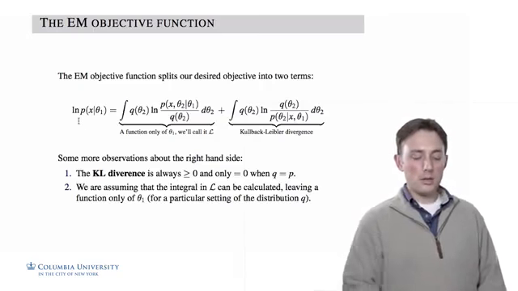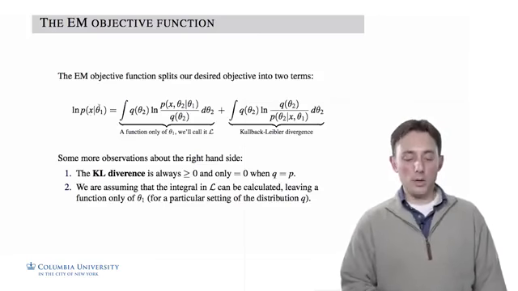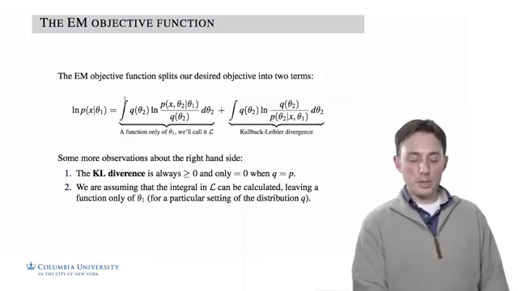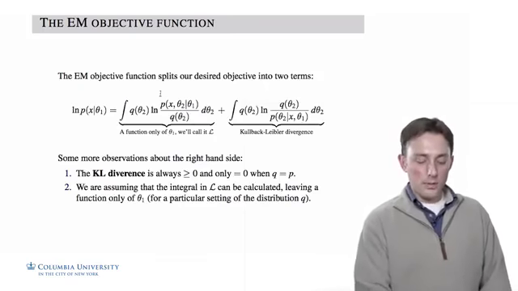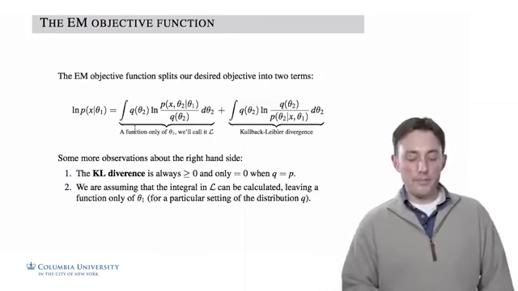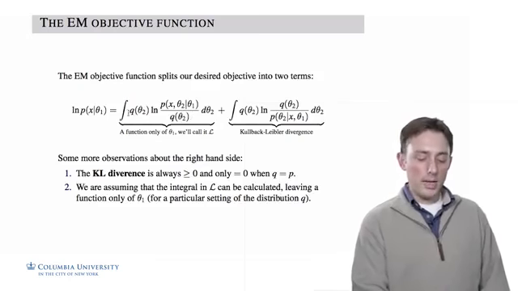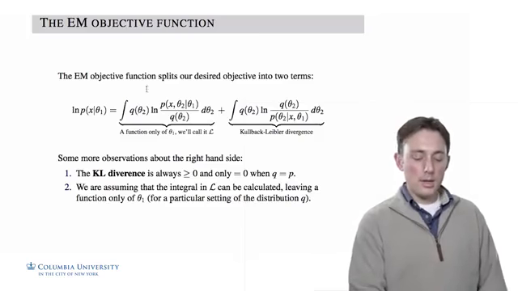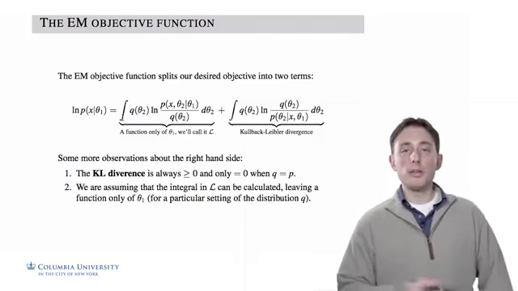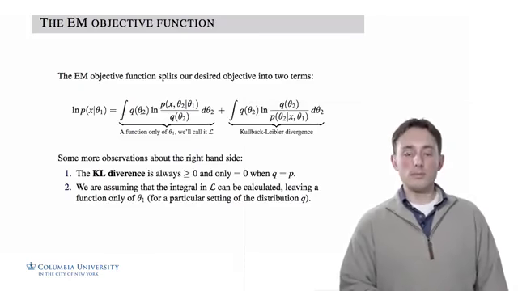So we've taken the log of our likelihood of x given theta 1, and we've written it as the sum of two different terms. First, let's look at the first term. Notice that once we define q of theta 2, this term is actually only a function of theta 1 because we've integrated out theta 2.